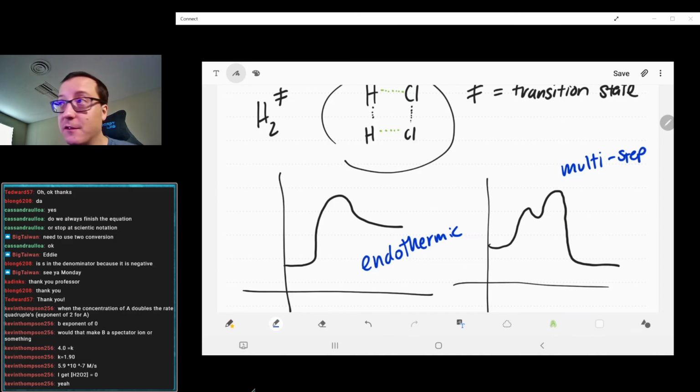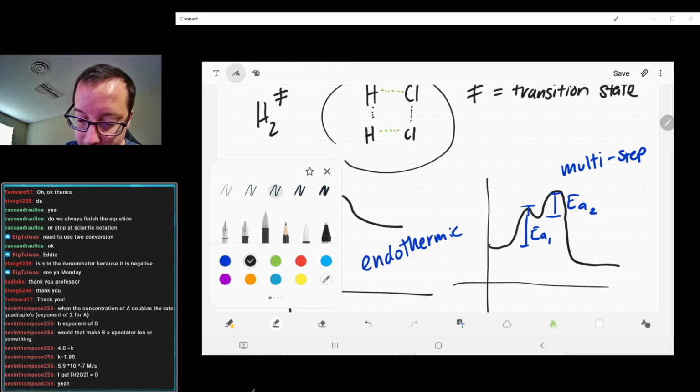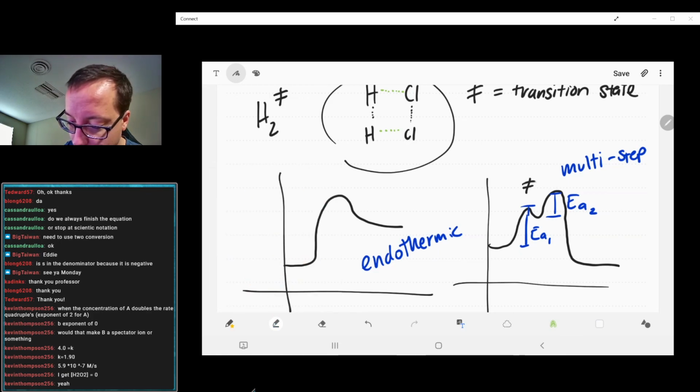So we're going to have 2 steps happening in this second reaction, where we have 2 different activation energies that need to happen. So we have activation energy 1, and then we have activation energy 2 here, for example. We would have 2 transition states happening there. And we're now throwing in another part. Let me use a different color, actually.